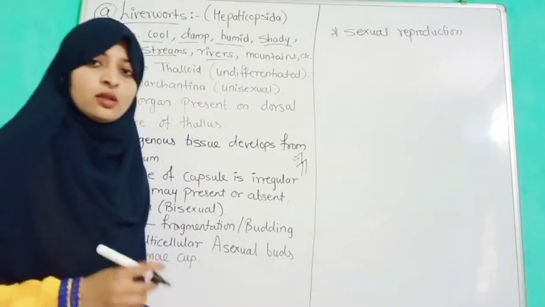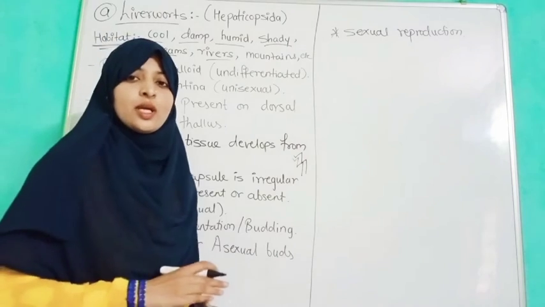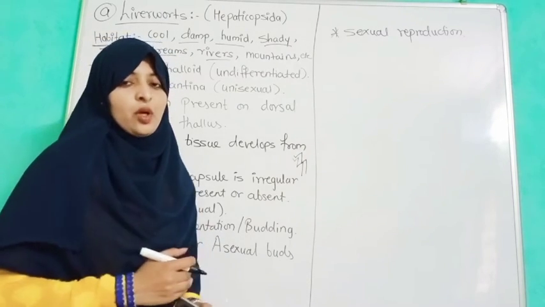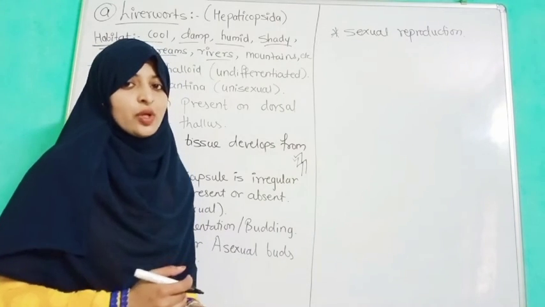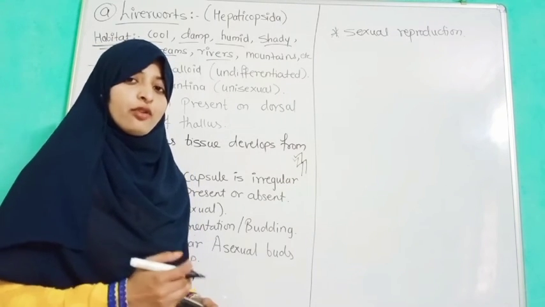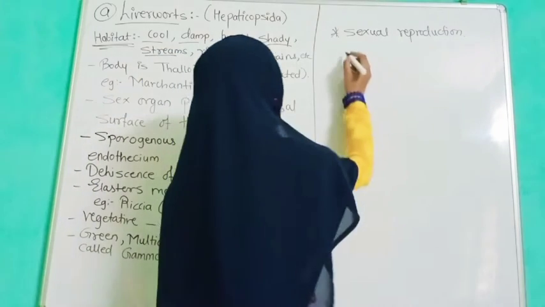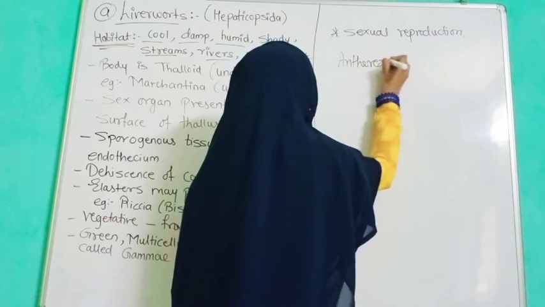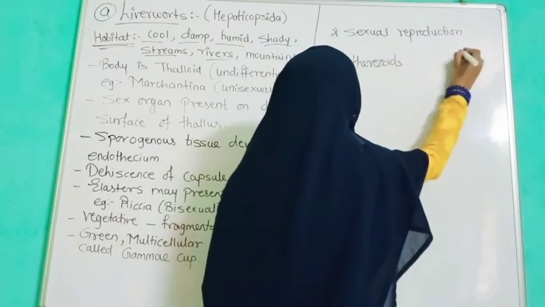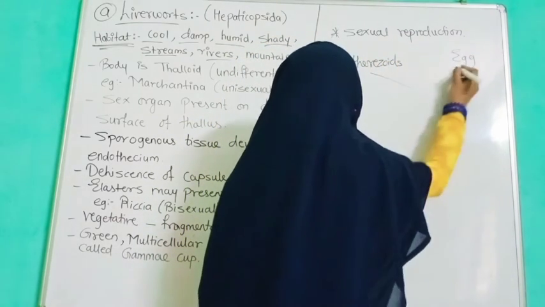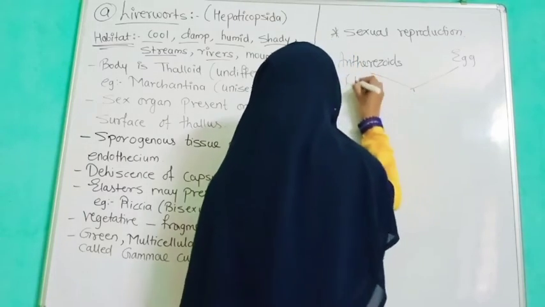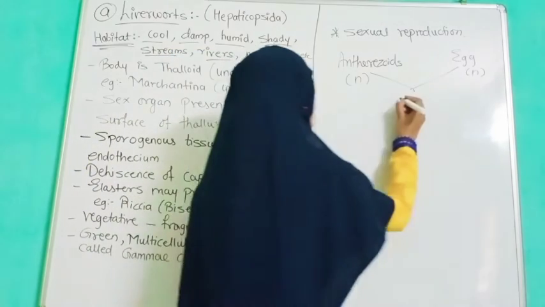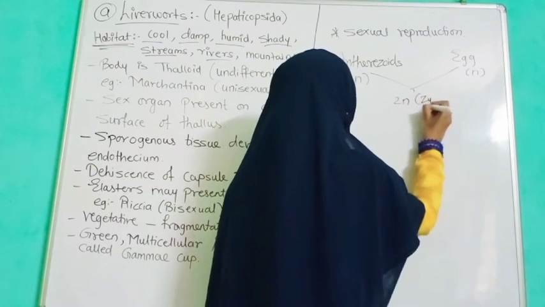As we know, the male sex organ is known as the antheridium, where antherozoids are formed, and the female organ is known as the archegonium, which produces the egg cell and is a flask-shaped structure. When the antherozoid, which is the male gamete, and the egg cell fuse, they form a diploid zygote, because the male and female gametes are haploid in nature. So, diploid zygote.